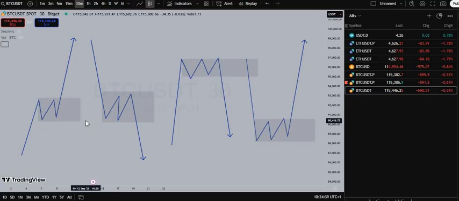Now I say 3 or more because your base can be one candlestick or more than one candlestick. So your rally-base-rally is a market formation where you have the rally being a bullish candle, the base being a smaller sideways candle.